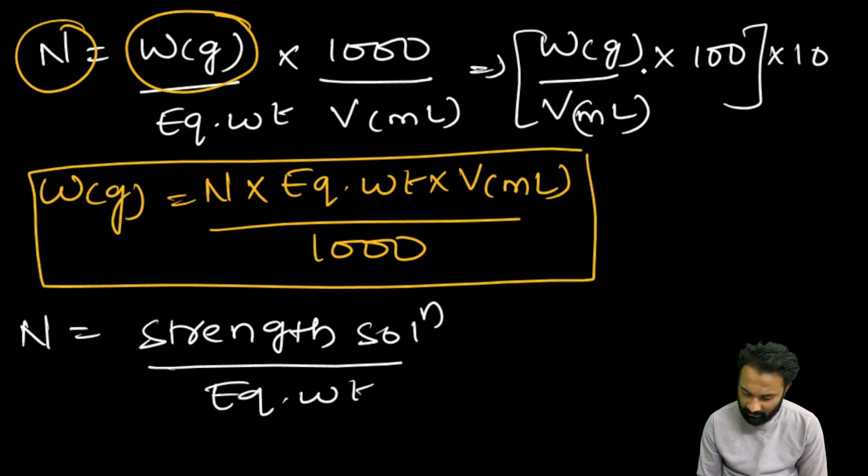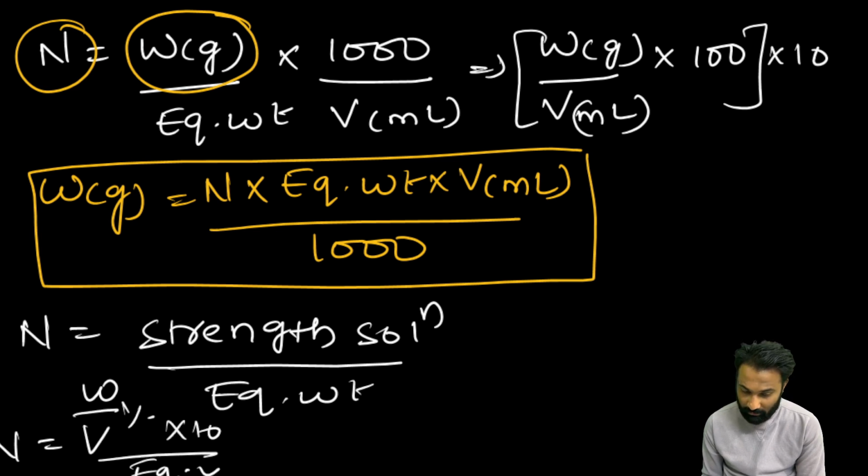Can I write it like this? That will be the W/V percentage into 10, which is the strength of the solution. W/V percentage into 10 will be the strength of the solution. Clear? Then normality is equal to W/V percentage into 10 by equivalent weight.